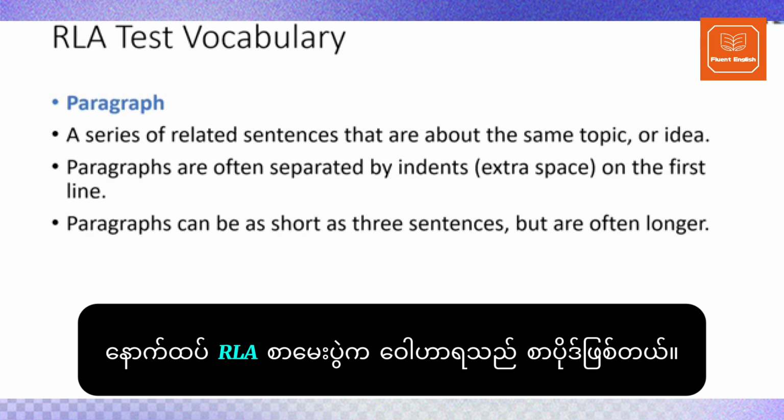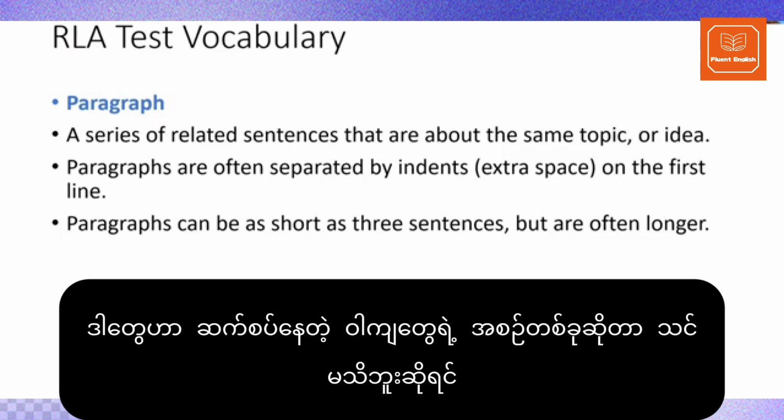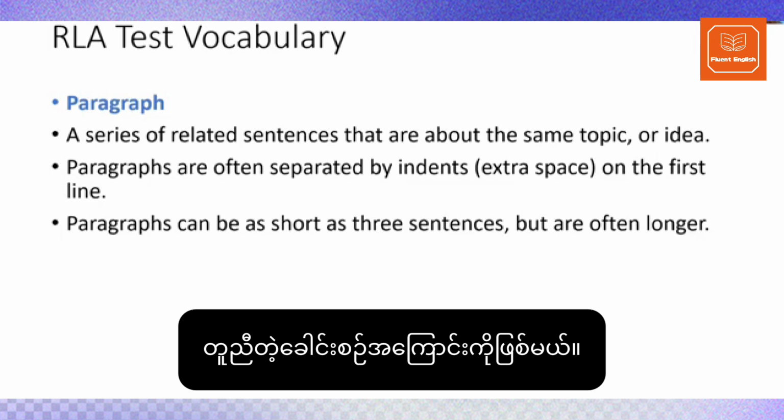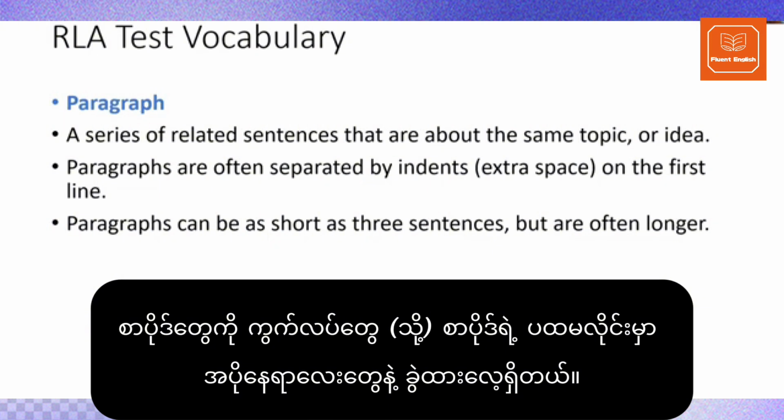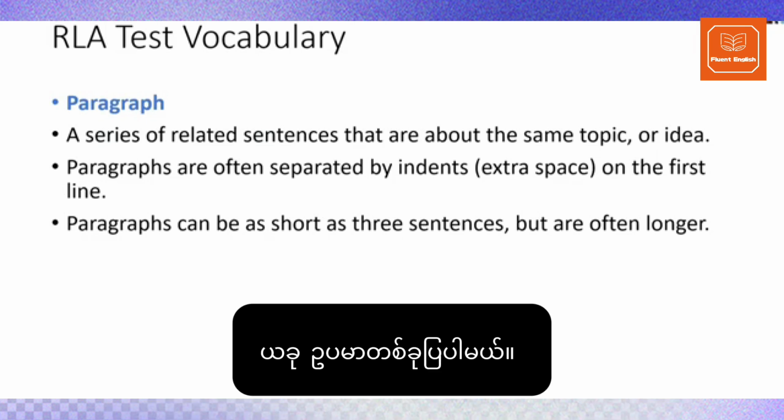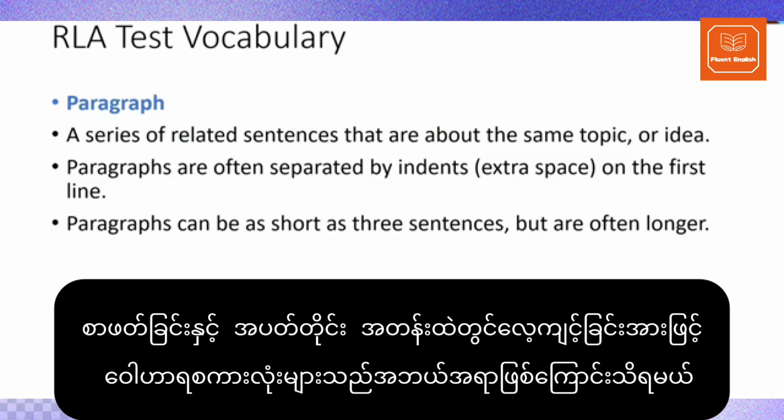So, another RLA test vocabulary is the paragraph. Now, paragraphs, if you don't know, they are a series of related sentences that are about the same topic, with the same idea, right? So, paragraphs are often separated by indents, or a little bit of extra space on the first line of the paragraph. I will show you an example as I remind you of what these vocab words are, and show you examples of paragraphs as we practice that in our reading each week in our class.